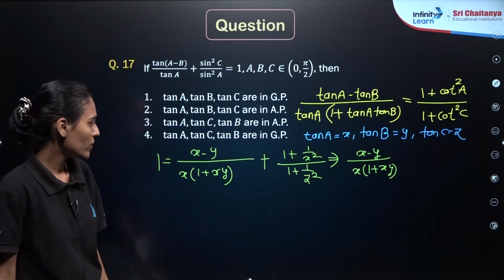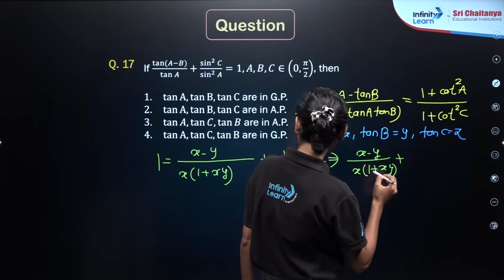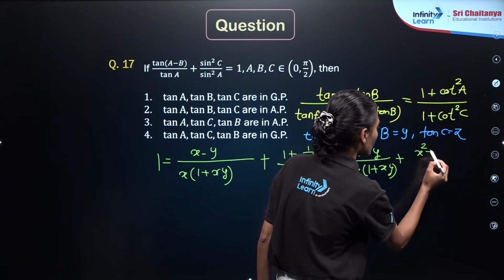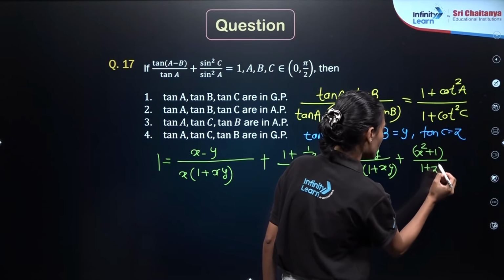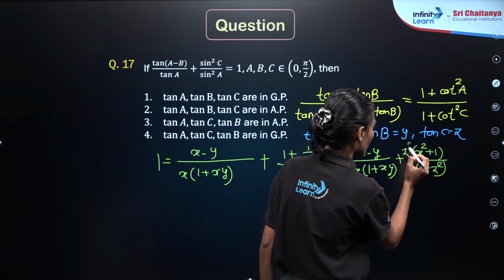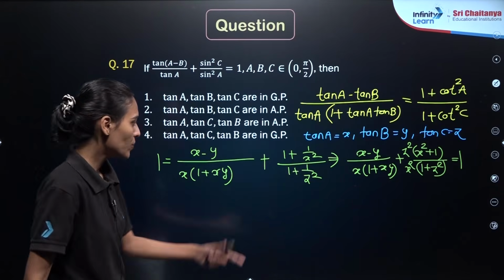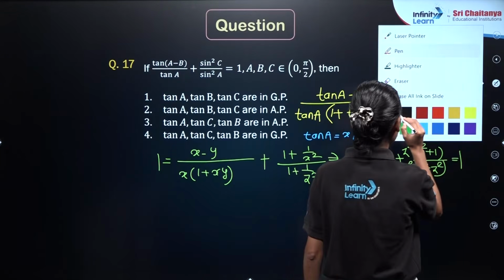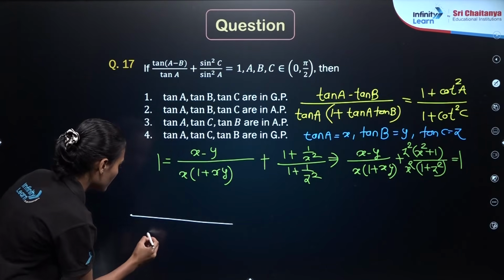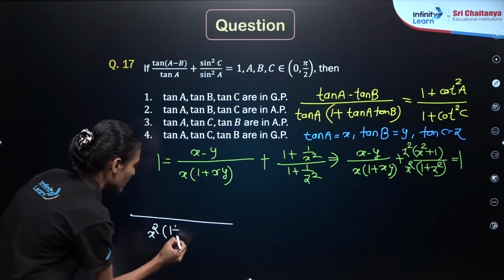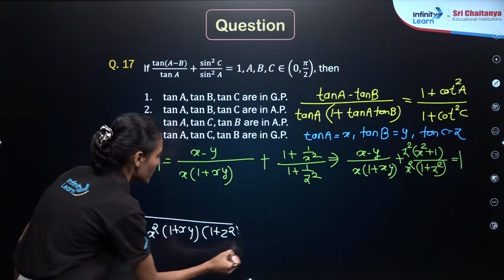Then you will get (x minus y) upon x into (1 plus xy) plus (x^2 plus 1) divided by x^2 and (1 plus z^2) upon z^2. So z^2 will come here, x^2 will come here, equals 1. Again please simplify. If you take the LCM, you will get the LCM as x^2 into (1 plus xy) into (1 plus z^2).